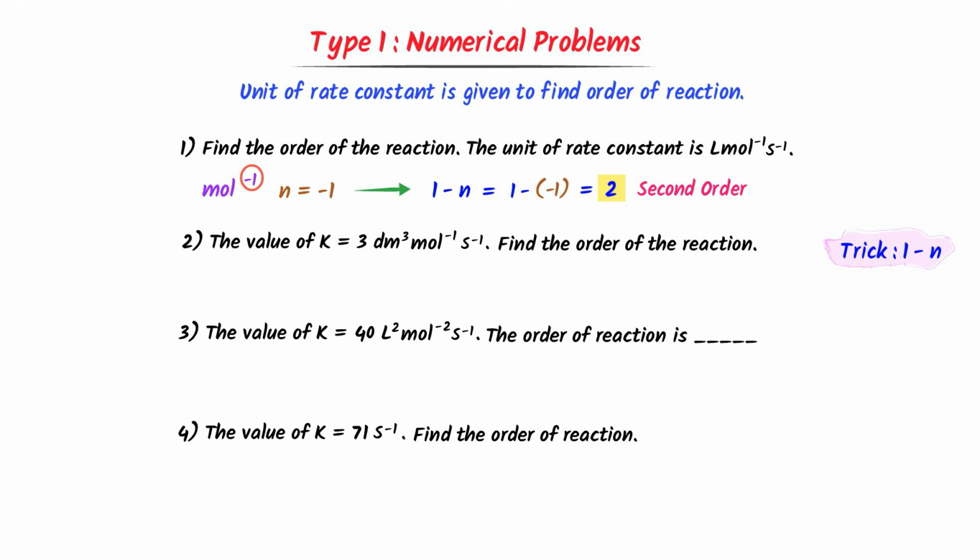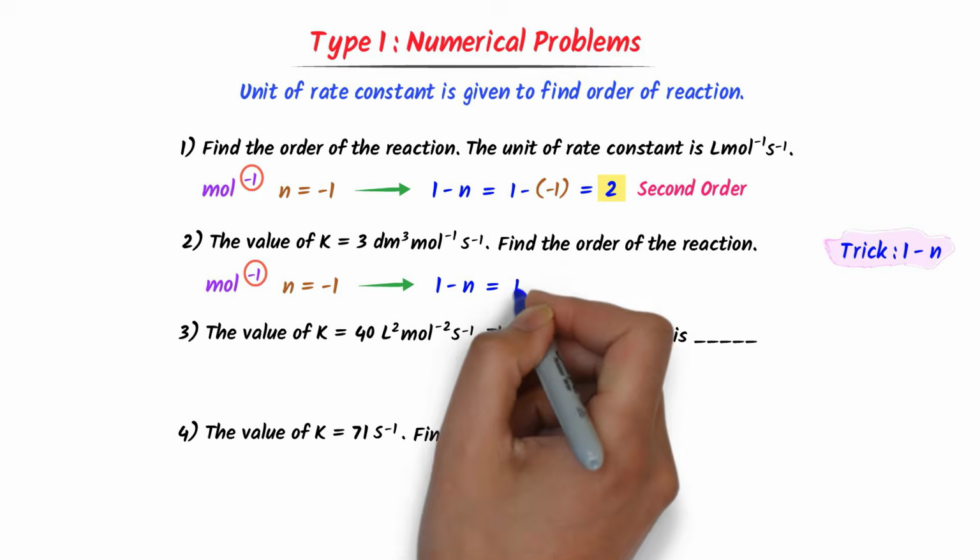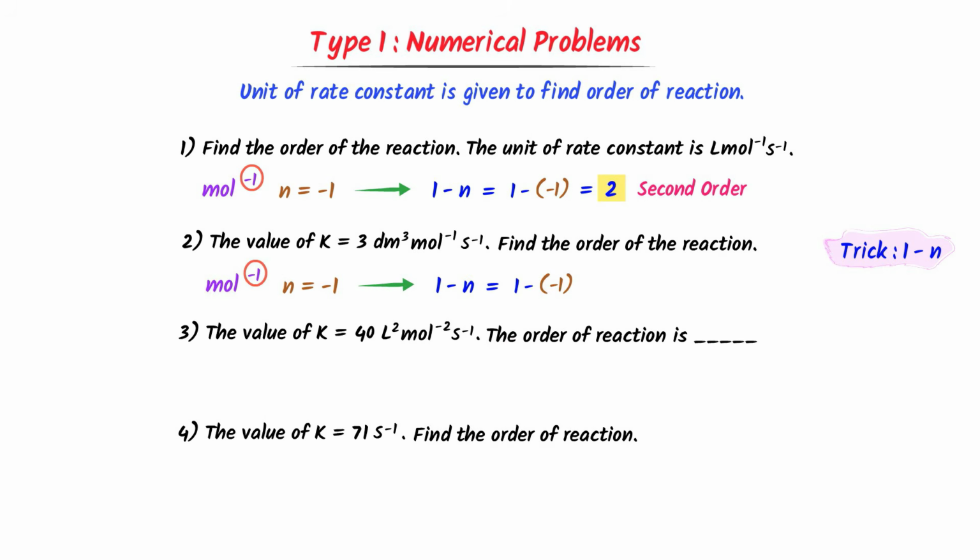Thus, knowing the power of mole and putting it in 1 minus n, we can instantly find the order of a reaction. In the second numerical problem, I write mole. We can see that its power is -1. Remember that we do not consider or deal with other values. We are only interested in the power of mole. According to the trick, I write 1 minus n or 1 minus (-1) because the power of mole is -1.